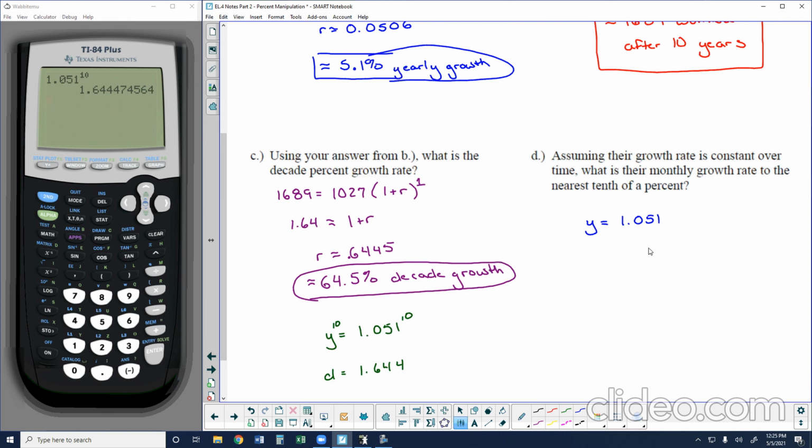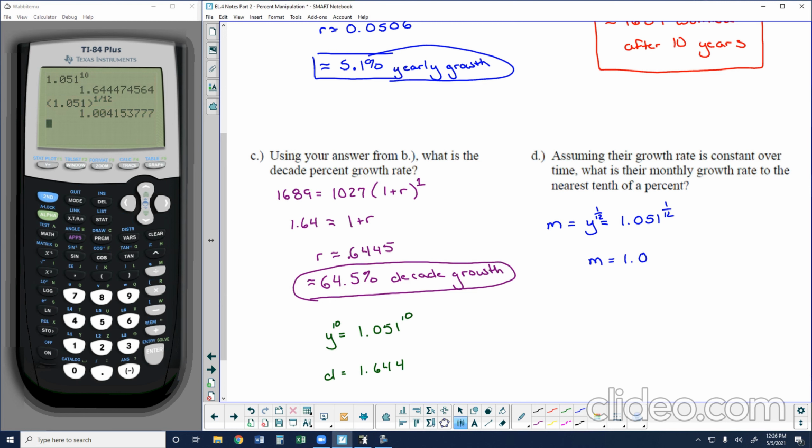So what I want to find here, if I want the monthly growth rate, this would be the yearly growth rate to the 1/12 power, as there are 12 months in every year. And so what I would do is I would take my yearly growth rate to the 1/12 power, and this would give me my approximate monthly growth rate.